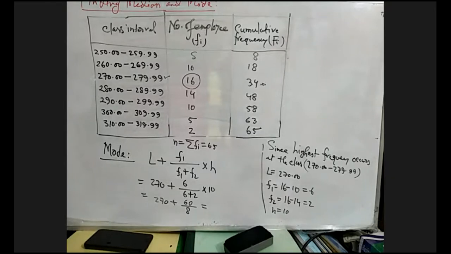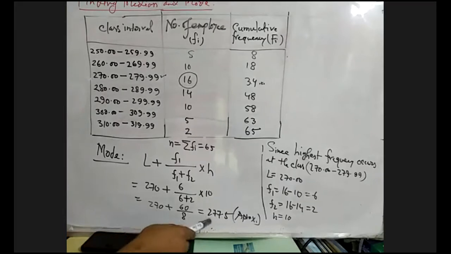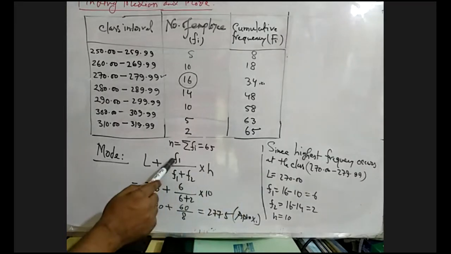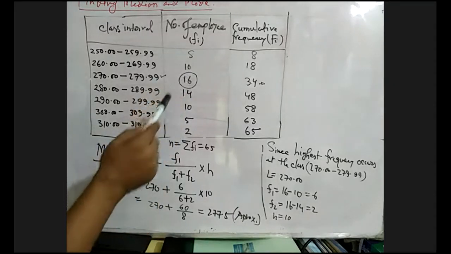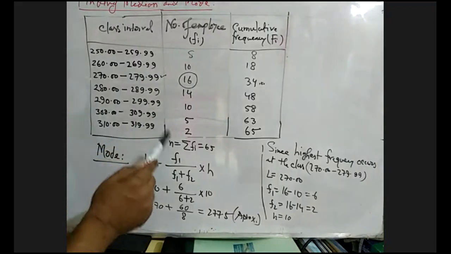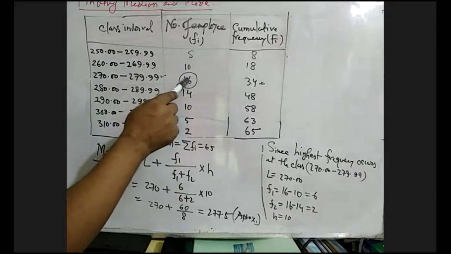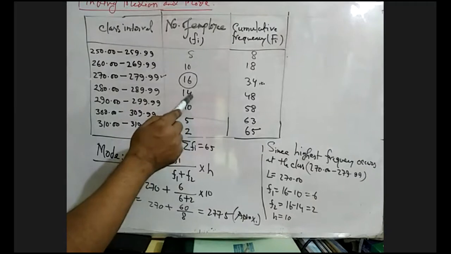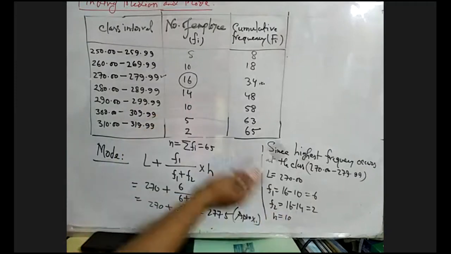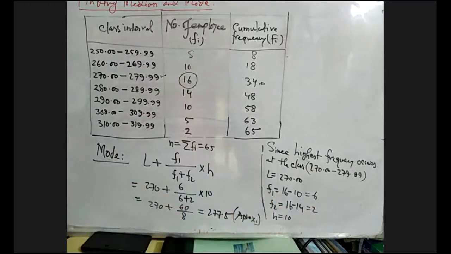So the required mode is approximately 277.5. Remember it. f1 is the frequency difference between the modal class and previous modal class, and f2 is the difference between the frequency of the modal class and post modal class. Post means the next frequency. So 16 minus 14, and previous means 10, 16 minus 10, and this is the length of the class interval.